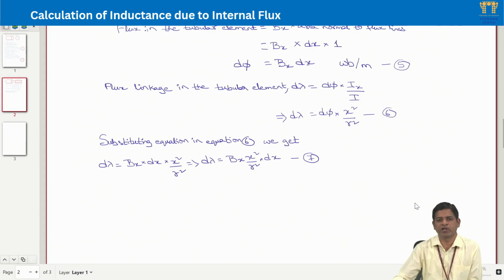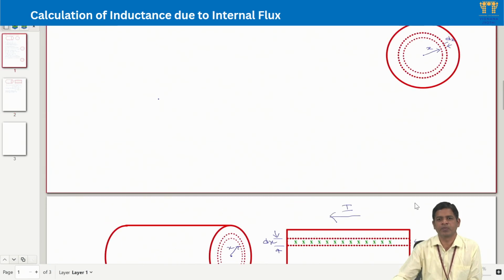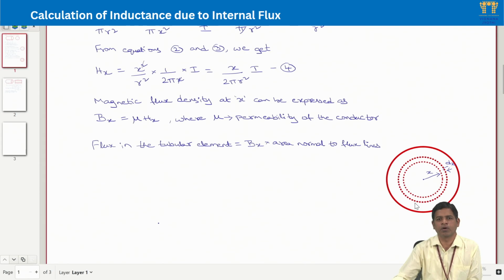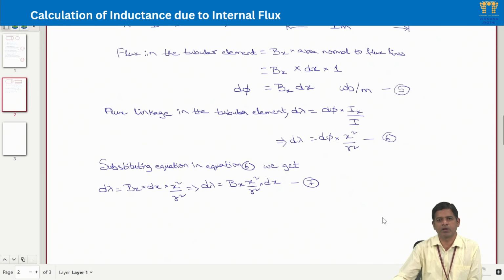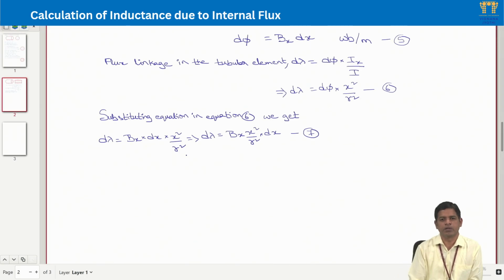Now already we have derived an expression for bx. If you see equation 4, the expression for bx is equal to mu into hx. So we may write this equation 7 back again as d lambda is equal to mu into hx into x square by r square, or x by r whole square into dx.